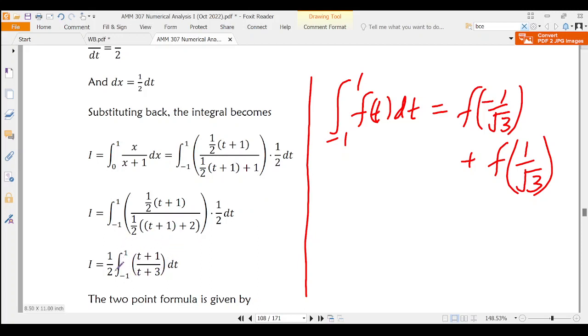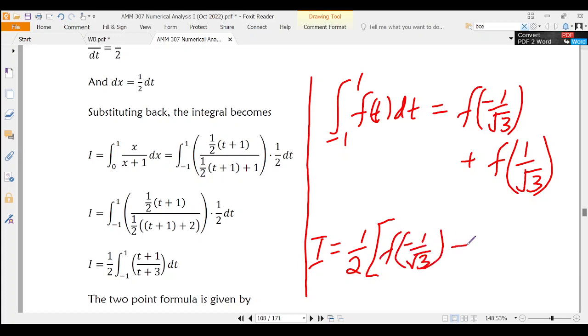When working out this integral, I will become, notice that we have a coefficient which is a half. So this one will become a half times f of negative 1 over root 3 plus f of 1 over the square root of 3.